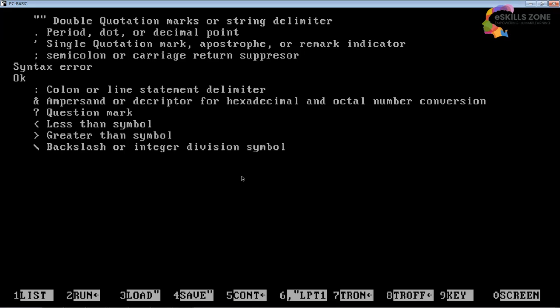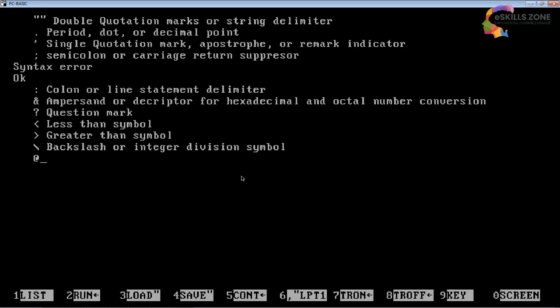We'll discuss later on what integer division symbol means, because when we use backslash for division between two values, it always returns an integer value, so it doesn't give us the decimal or fractional value. We'll discuss it later on, but here we should know the meaning and the names of all these characters.